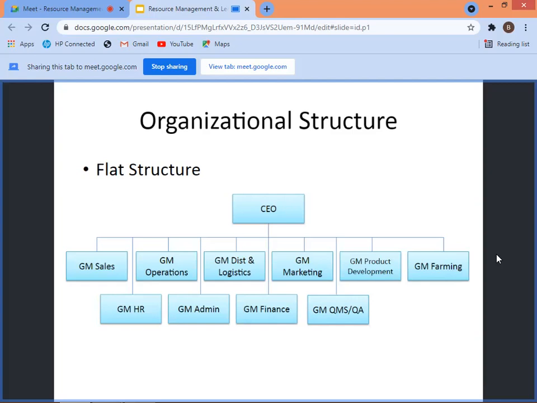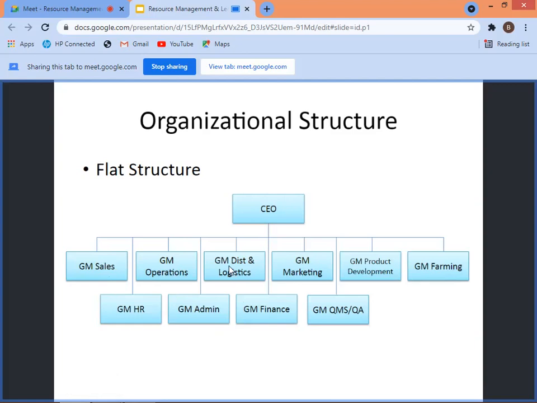An example that I want to give you is the flat structure, where we have the CEO, then all these people. There are more of these, I just give you this example. All these leaders are reporting directly to the CEO. GM sales, direct line to the CEO.